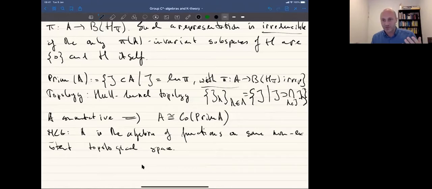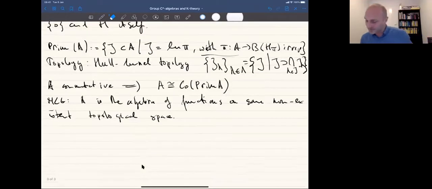So we have a topological space associated to the algebra, but that's definitely not how we think of the algebra. But this is the philosophy.